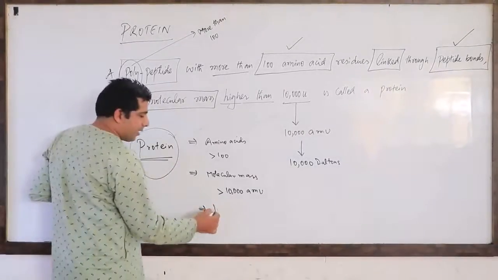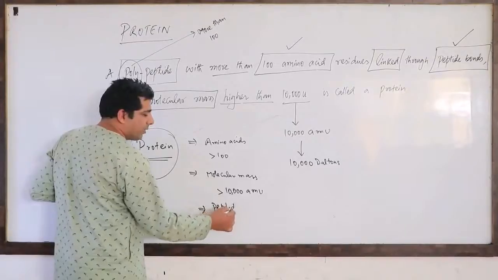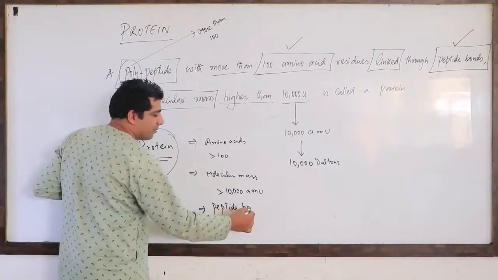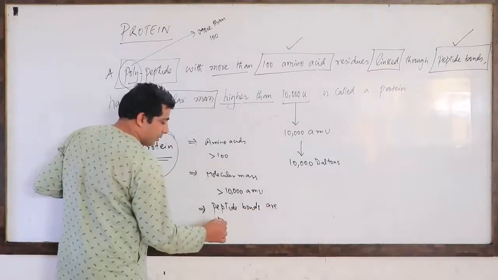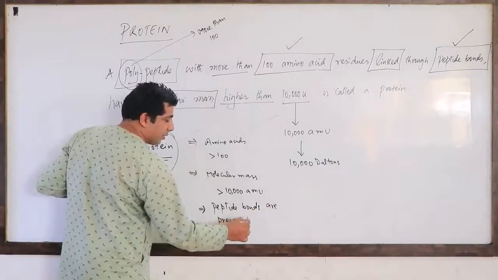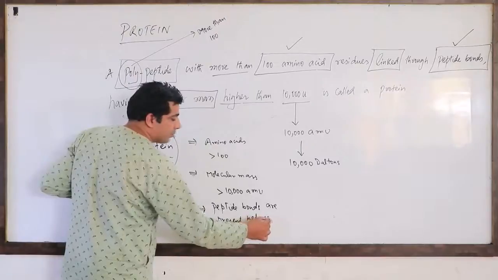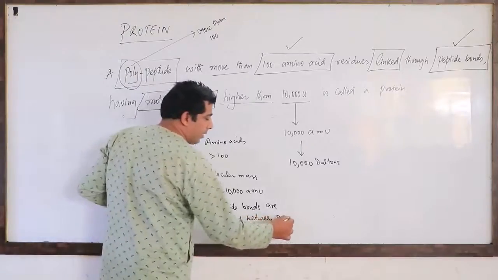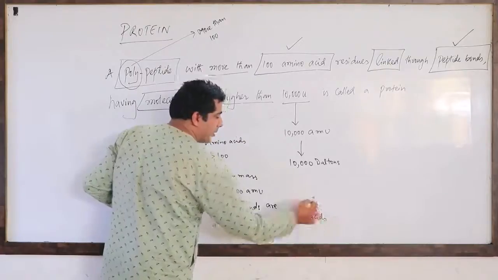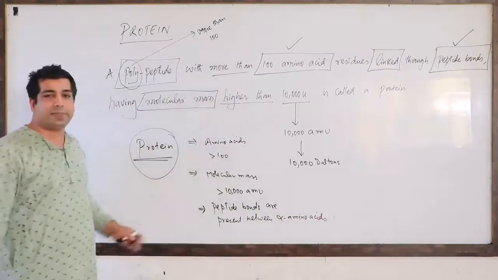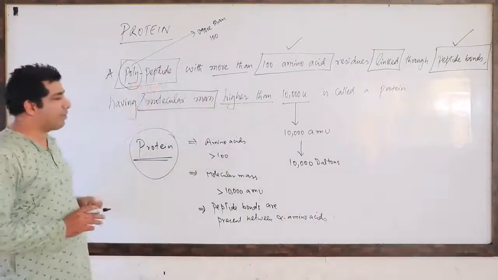Peptide bonds are present between alpha amino acids. So we will understand all these things when discussing protein structure.